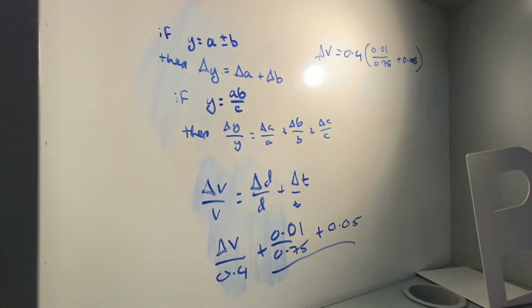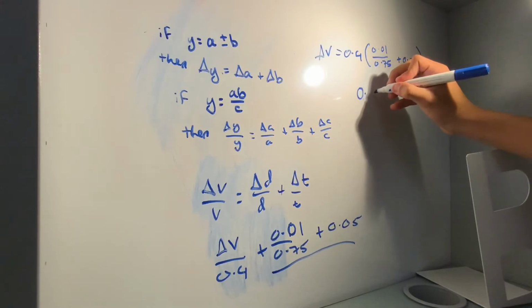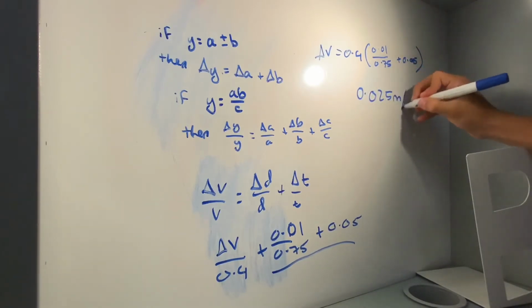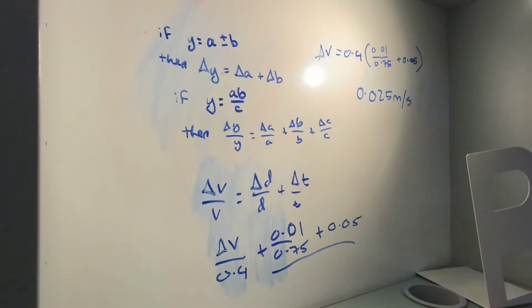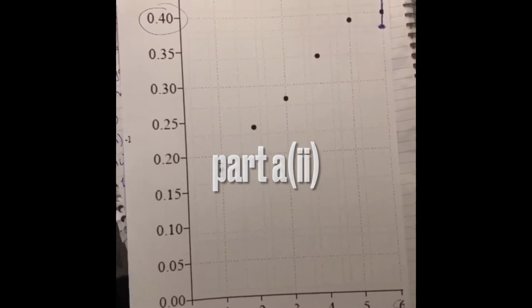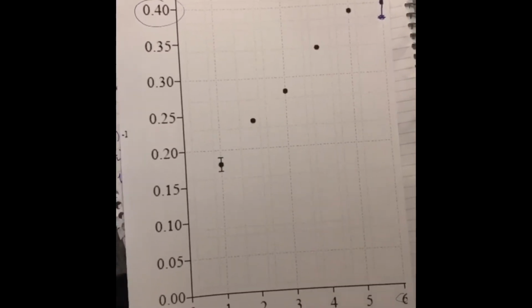And if you use your calculator, the answer should be 0.025 meters per second.